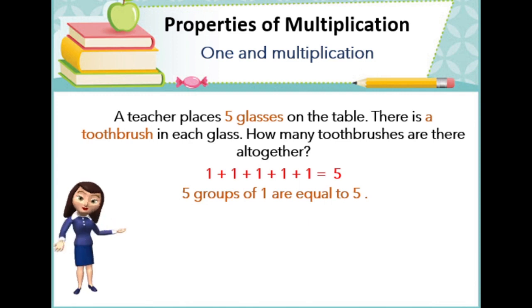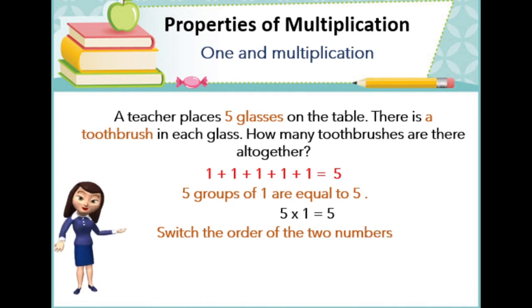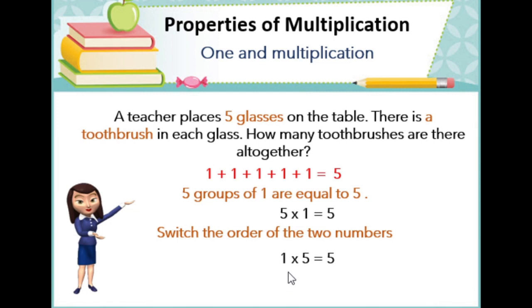In multiplication form, it looks like this. 5 times 1 equals 5. And even if we switch the order of the two numbers, 1 times 5 equals 5, we still get the same answer.